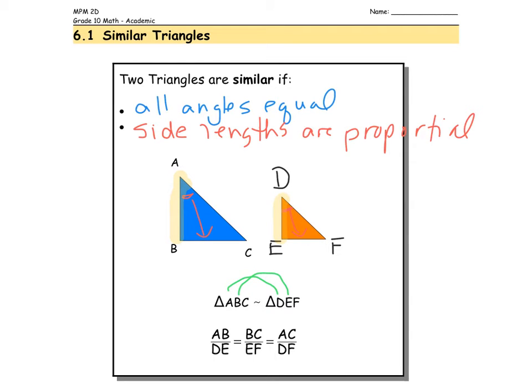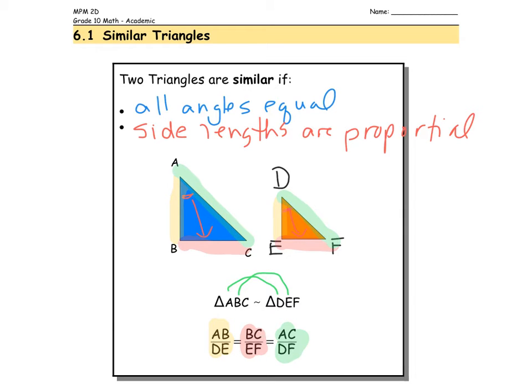And look, the angles opposite those sides are equal in size. We've already talked about BC being proportional to EF. That's this right here. And lastly, we have AC being proportional to DF. That's all we're saying when we set up this little ratio here.